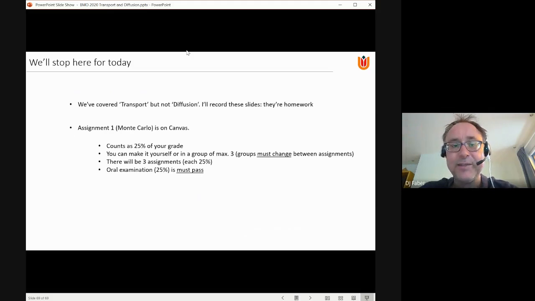For these 3 assignments, you can make them yourself, then you will get your own grade, or you can make them in a group of maximum 3, and then each of you in the group will get the same grade, of course. You can do that, but I do want you to change groups between assignments, you can work that out yourself, but you must change between assignments because otherwise people get the same grades.